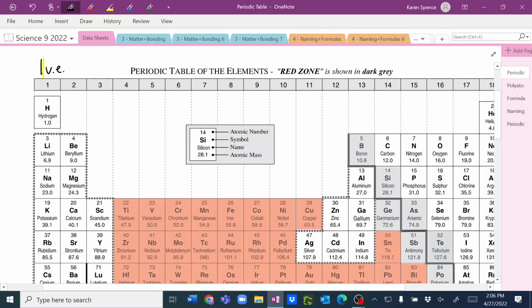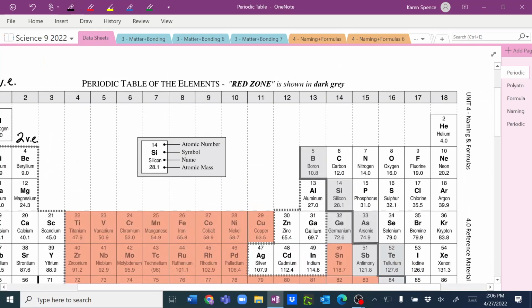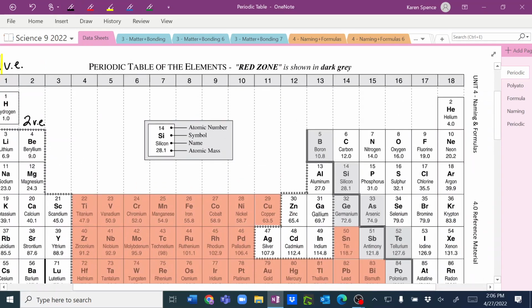How many valence electrons in group 2? 2 valence electrons. Do we know anything about the transition metals in the middle? No, we don't. How many in group 13? 3 valence electrons, 4 valence electrons, 5, 6, 7, and then technically it's 0 because there are electrons that are involved in the bonding process, so we don't have any there. Okay, if you said 8 though, I wouldn't get mad at you because it's not quite, yeah.